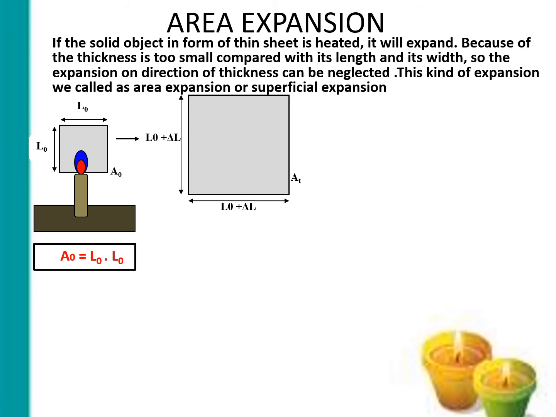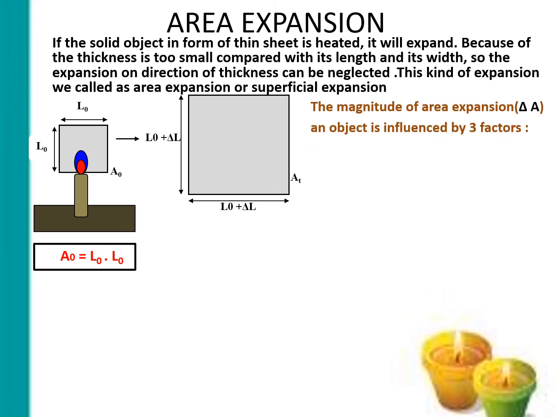And after the metal plate is heated, the length becomes L0 plus delta L, and the width becomes L0 plus delta L. So the area of the metal plate after heating is AT, as we can see in the second figure, the right figure.